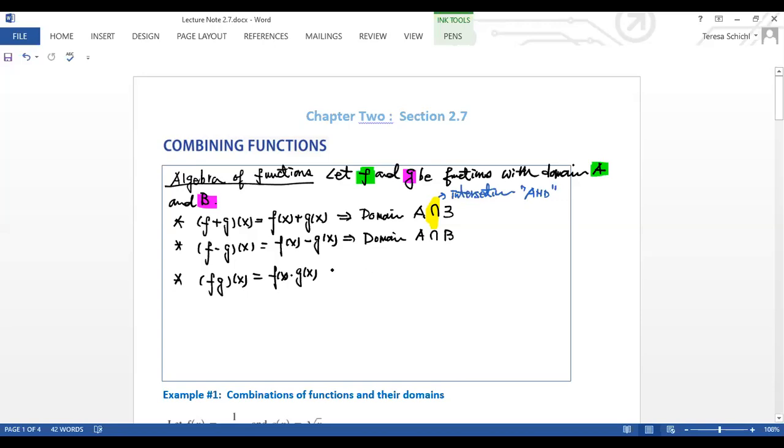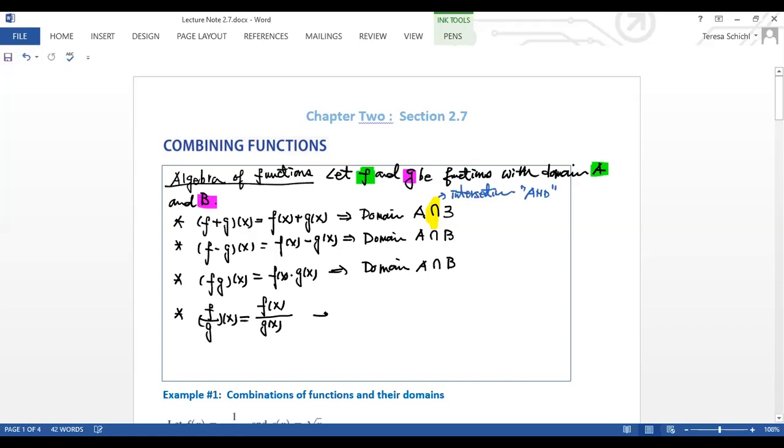The domain here, because you need to satisfy both functions, is also A intersect B. And the last one is f over g of x, which means you divide f(x) by g(x). This is just the notation.